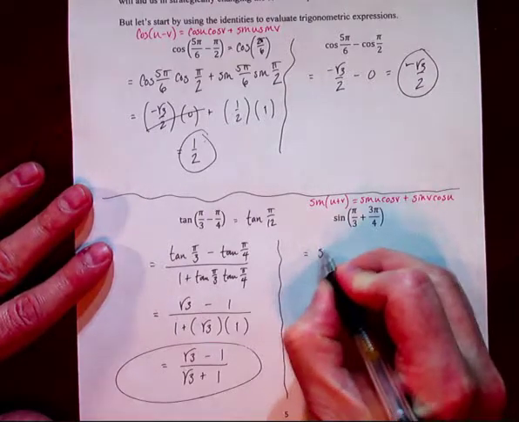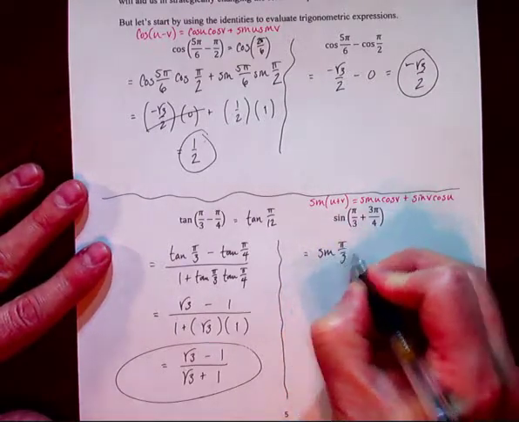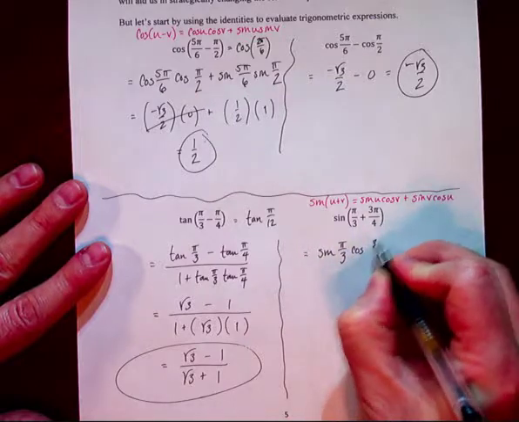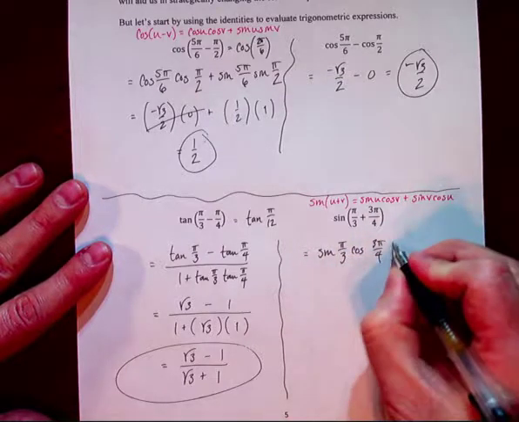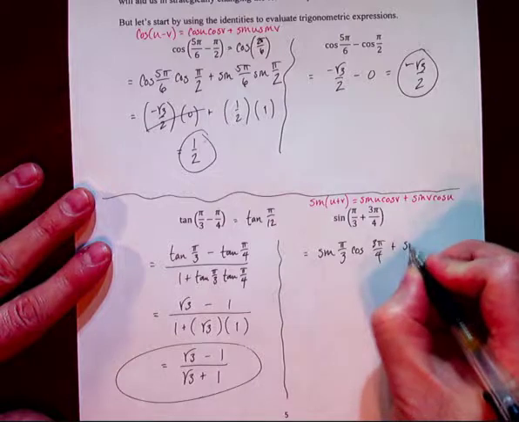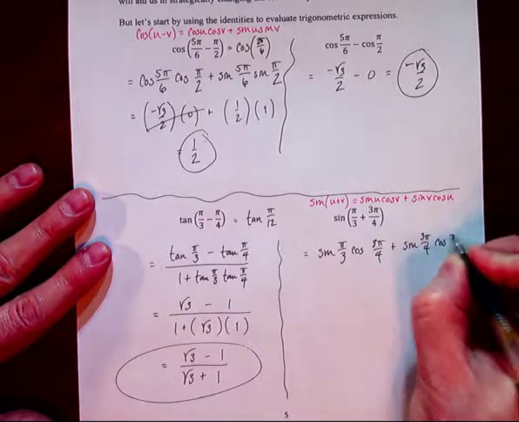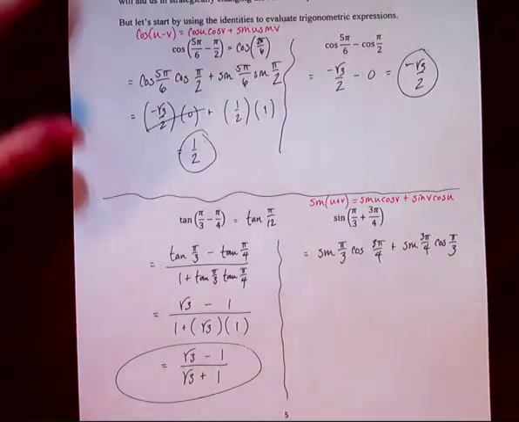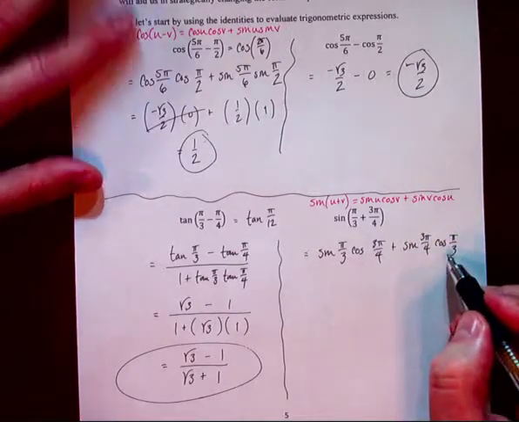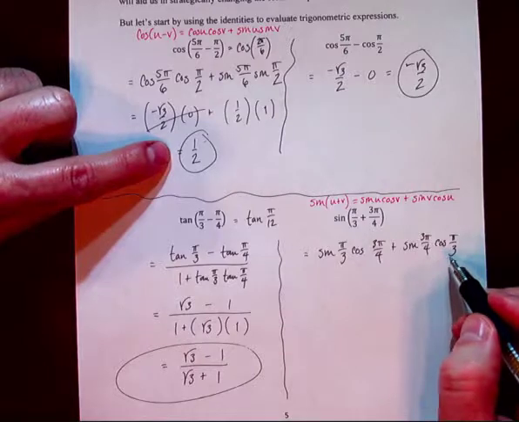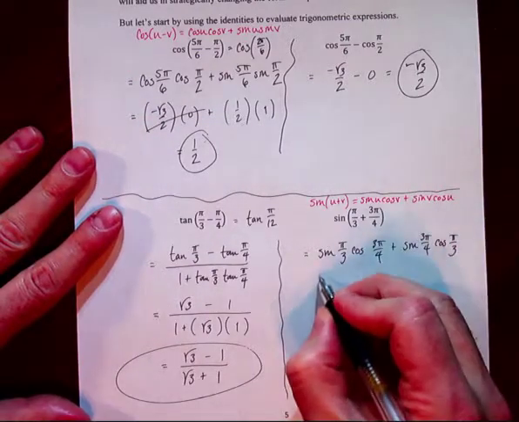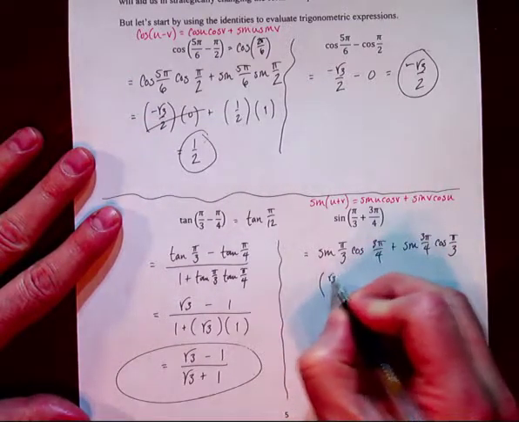So we have sine of pi over 3 cosine of 3 pi over 4 plus sine of 3 pi over 4 cosine of pi over 3. Well, like I said before, cosine pi over 3 we've already figured out. That's 1/2. And if that's 1/2, then sine of pi over 3 is root 3 over 2, right?